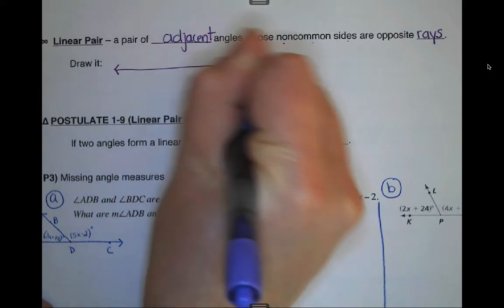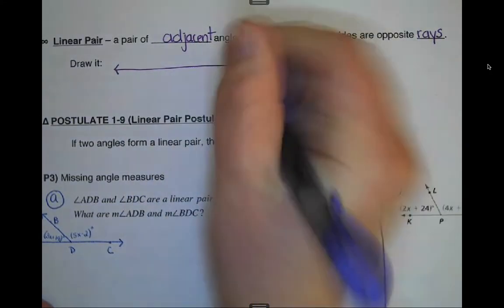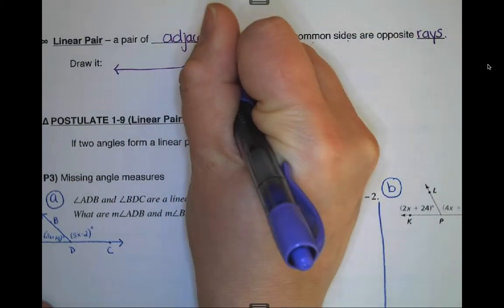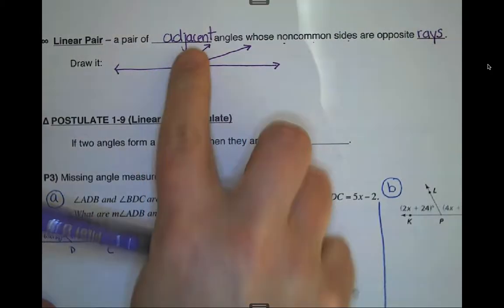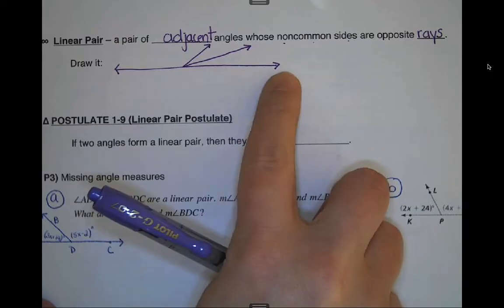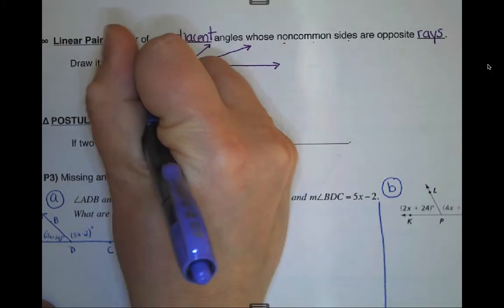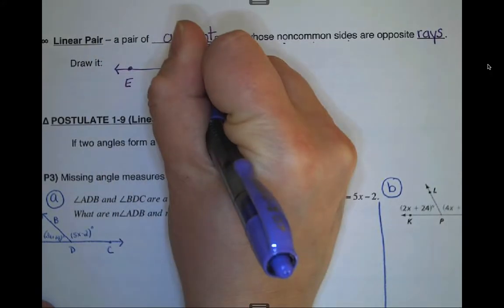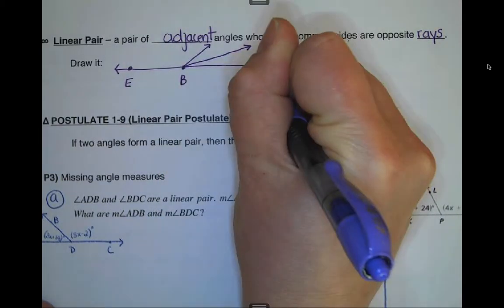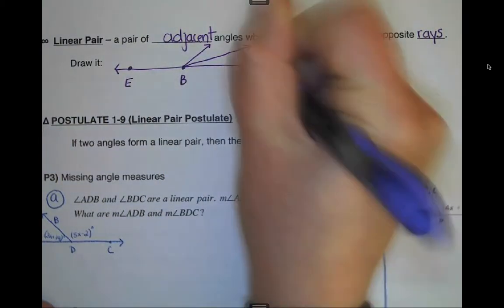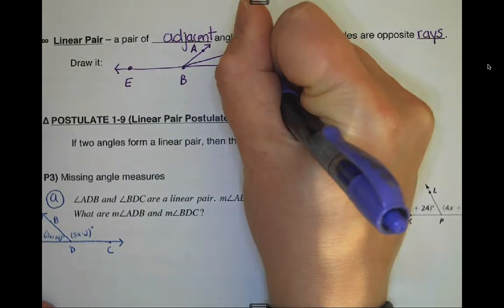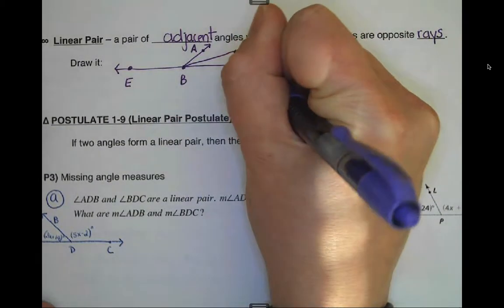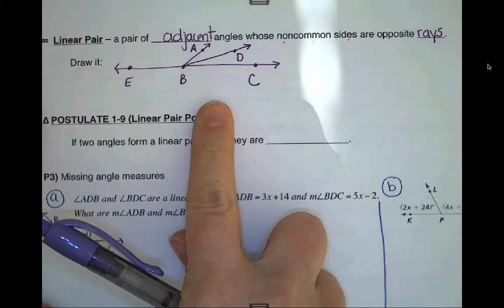All right, so let me give an example here. I drew two different rays coming off of this line here. And I'm going to put some points along here so that we have some things to name. If you need to, you can pause and you could copy this picture over.